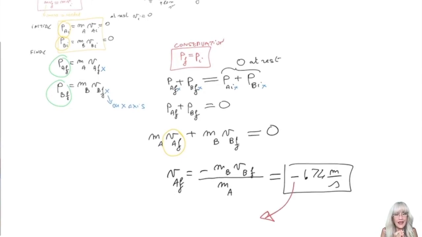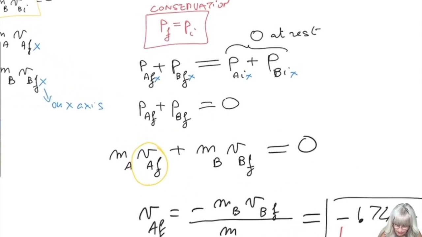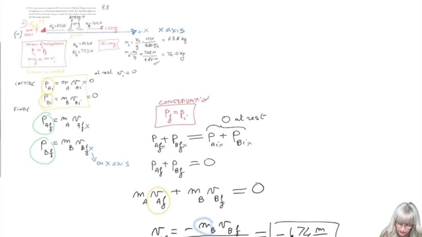So my question to you is, what does this minus mean? Is scatter A moving to the right or to the left? Yes, indeed, it is moving to the left. Just in case you are a little bit confused, mass of B is this one, mass of A is this one, and the velocity of B final is given up here.